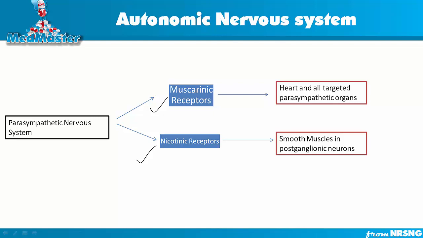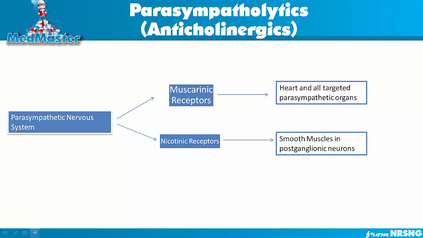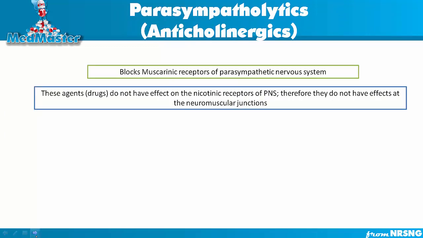Muscarinic receptors are present in the heart and all other parasympathetic targeted organs, and nicotinic receptors are present in the smooth muscles. This is the really important thing to remember, especially for the parasympatholytic medications. Nicotinic in the smooth muscle.